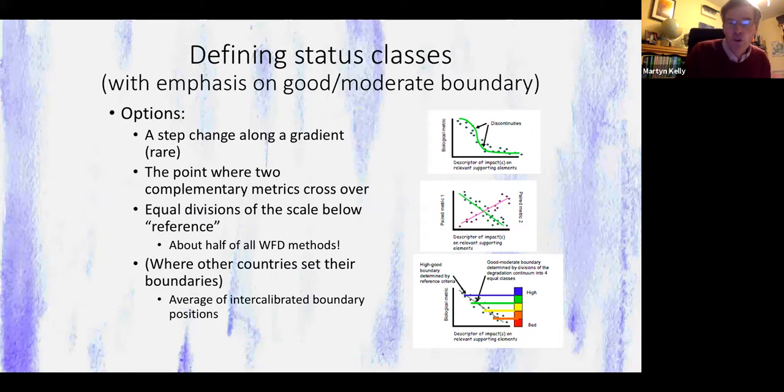And that could also be seen perhaps as a shift of emphasis away from the elusive hunt for the holy grail, which was the unimpacted condition, towards a more pragmatic focus on ensuring consistent application of the key regulatory benchmark.